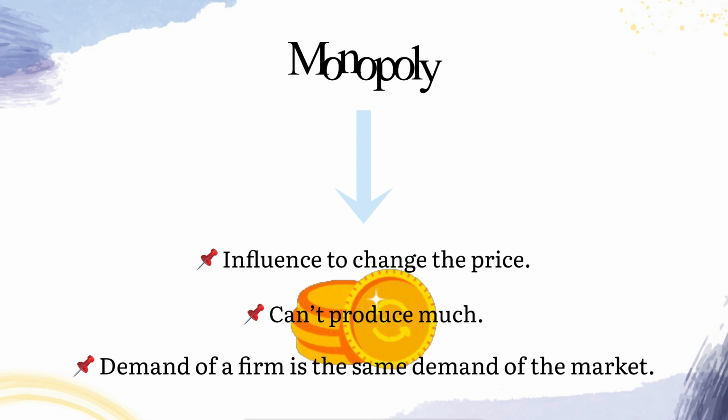Next, it cannot produce much because people are not going to buy anything if it charges a really high price. Next, the other important thing is that the demand of a firm is the same as the demand of the market. Basically, since there are no other competitors, the demand that it faces is going to be exactly like the demand of the market.